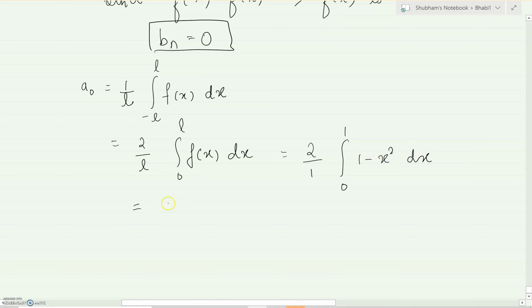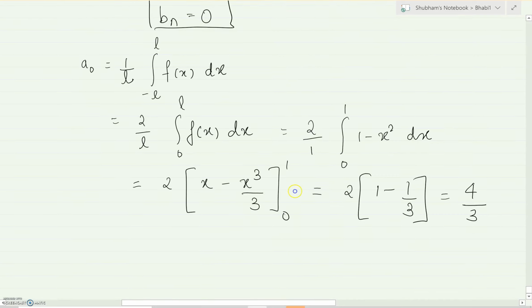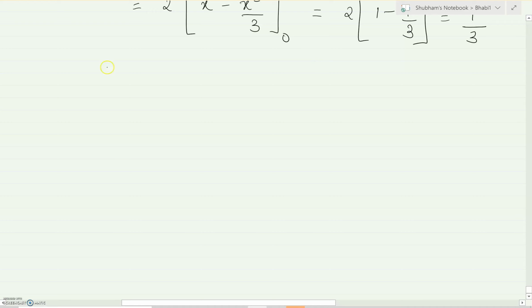Integrating this, I get 0 to 1, and solving this, the final answer is 4 by 3. So the value for a0 is 4 by 3. Similarly, we'll find the value for an.